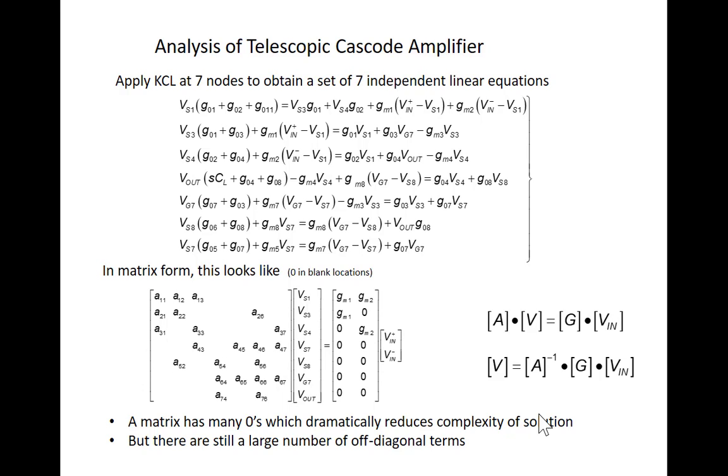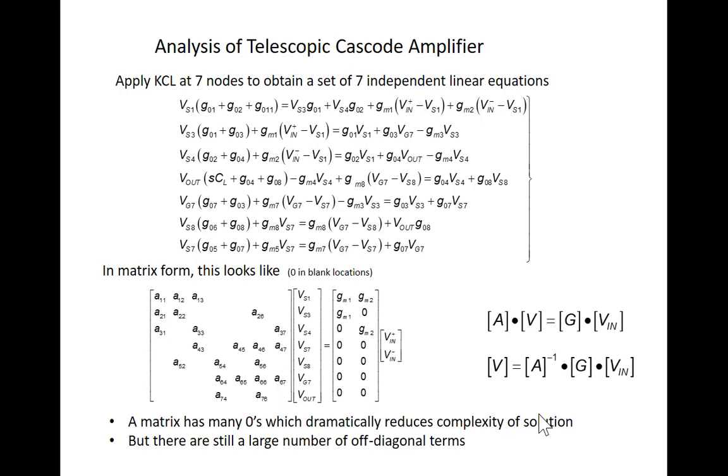And there's 49 entries in this matrix. 2/3 of them are 0. And in fact, most of them are close to the main diagonal. I didn't write it in a way to see that, but you can rewrite it in a way that most of them are close to the main diagonal.